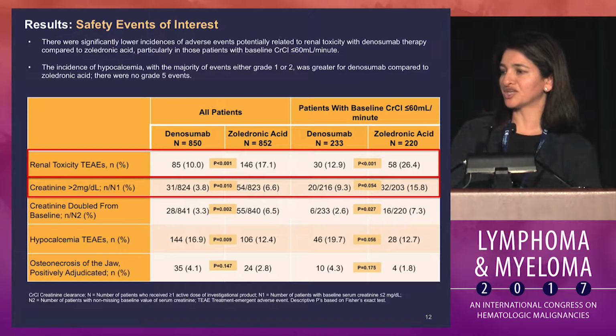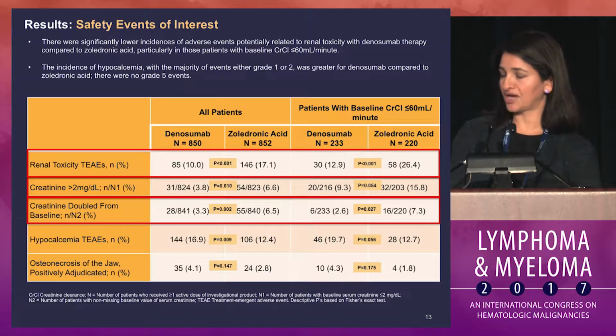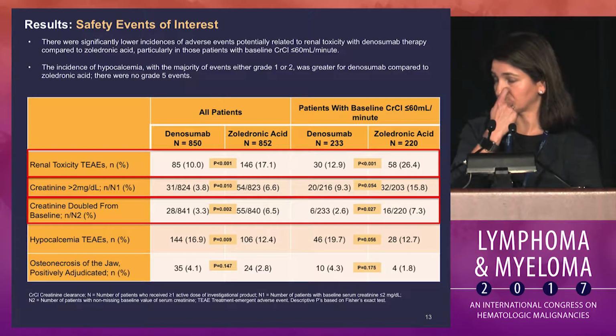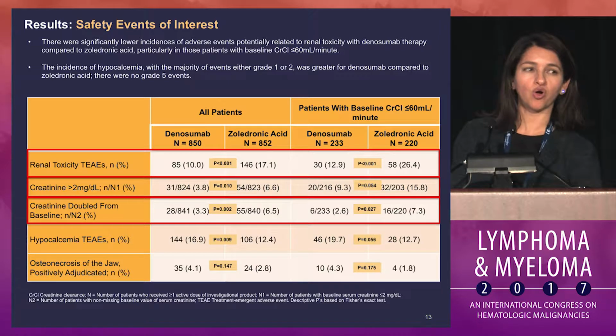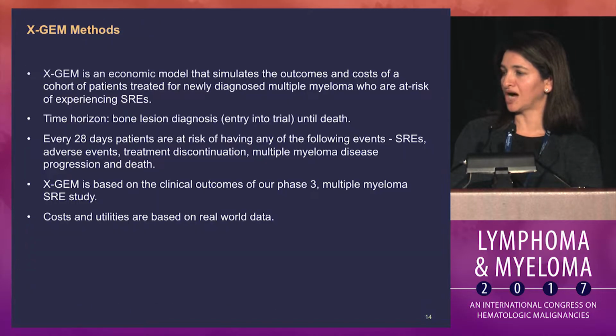This was true for patients with a creatinine of greater than 2, and also there was a doubling of creatinine if the baseline creatinine clearance was lower, suggesting that Denosumab may in fact be the safer alternative, specifically in our patients with multiple myeloma, who we all know have this problem of renal toxicity throughout the course of their lifetime with myeloma. We then use the XGEM model.